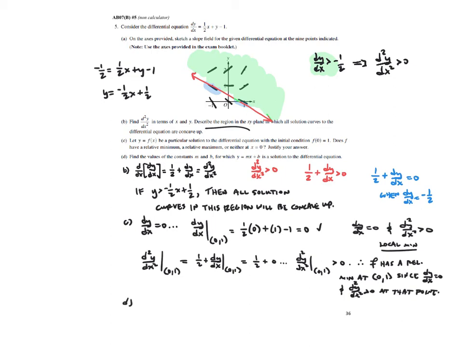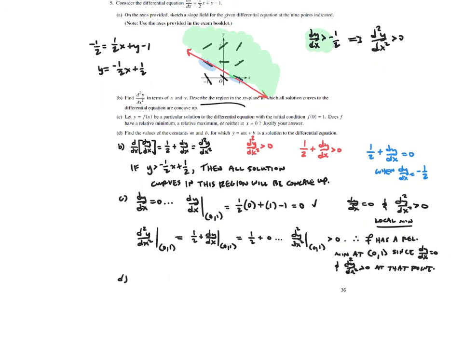Okay, very good. Let's take a look at part D. It says find the values of the constants m and b for which y equals mx plus b is a solution to the differential equation. Okay, so here's where I would go with that. All right, if y equals mx plus b is a solution, then what I can do is take the derivative of that solution, which will be m, which will be dy dx.